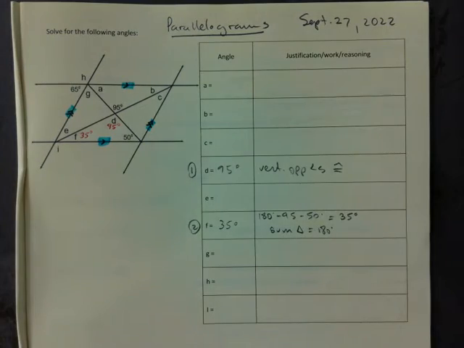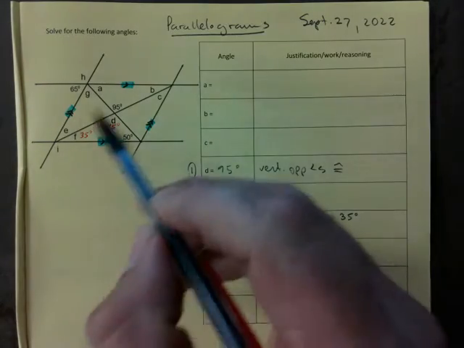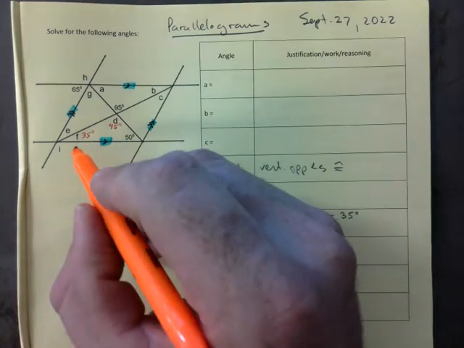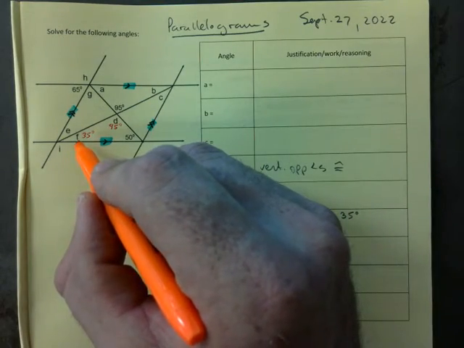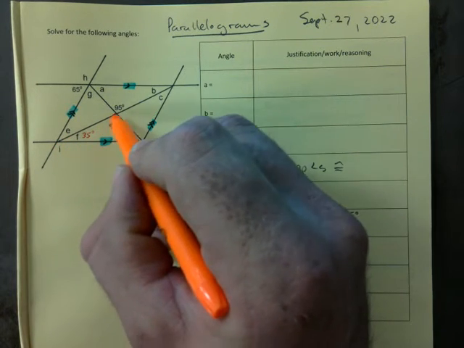How do I proceed now? B is 35. All right. So I'm going to just make everybody see that. Right, so I'm going to focus on this. What is this one here?